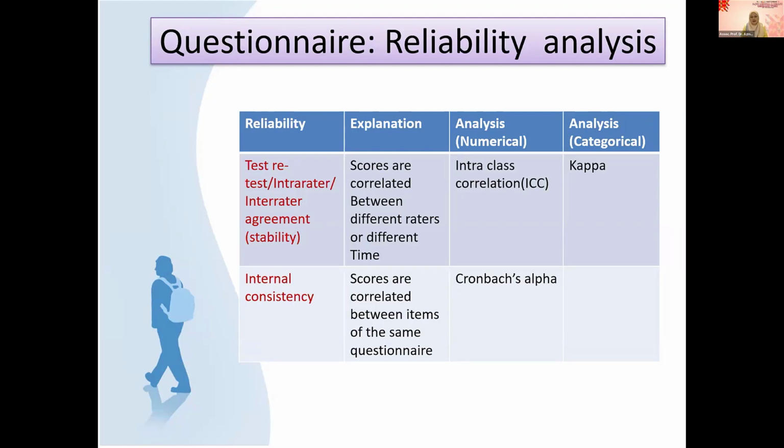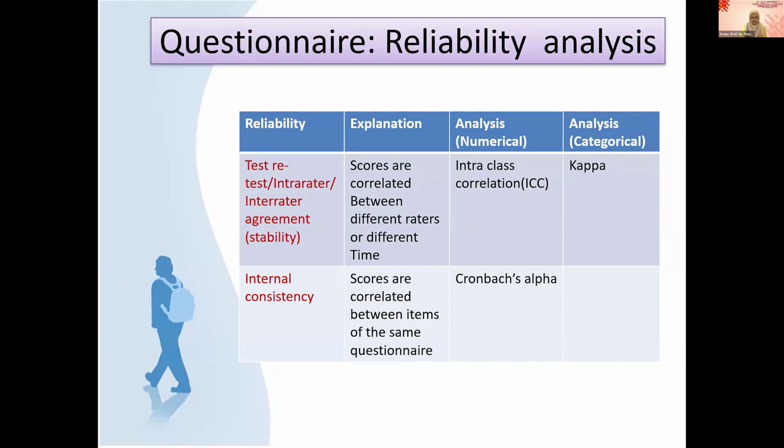You also can do inter-rater agreement. That one is the analysis of intra-class correlation for numerical data. But if you have categories, we call it kappa analysis. But most of the time we use Cronbach's alpha. As I said just now, if you already have a good questionnaire that is already validated, already in a Malay version, you may do a pilot study just to see how good your Cronbach's alpha is.